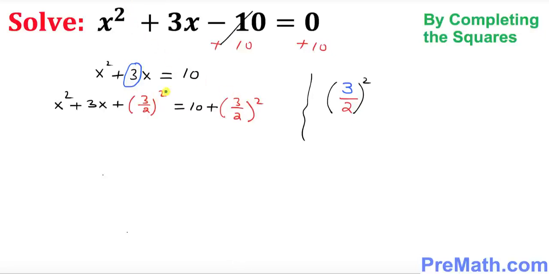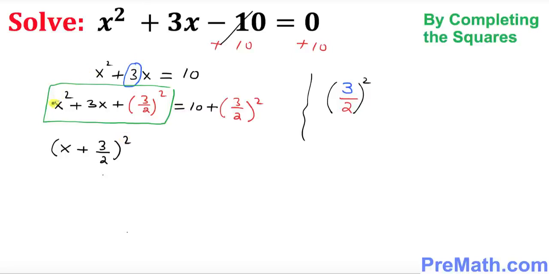Now I want you to just focus on this side, this part. This is a complete square: x plus 3 over 2, squared. Now you might be wondering, how did I get that?